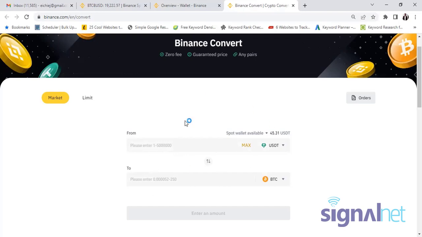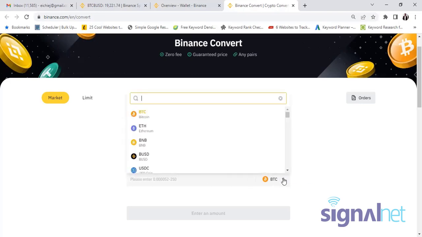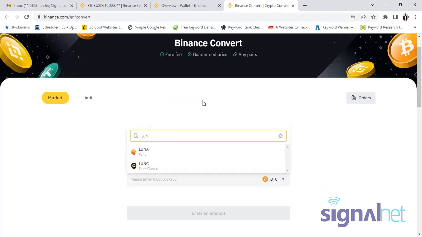So once you get to this Binance Convert, this side, you can see from and to. You just change this one to the particular currency that you have been given a signal that is going to rise. So let's say in this case, maybe it was Terra Luna, for example. Under the search, just type the name of the currency.